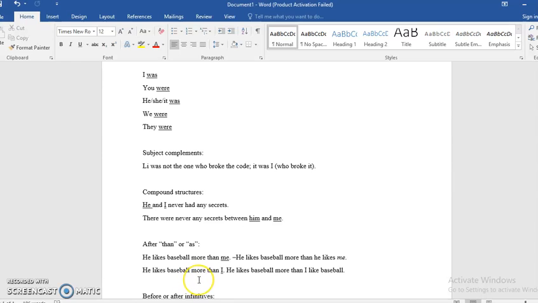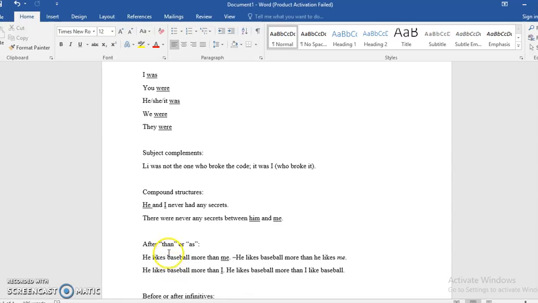And again, that sentence sounds kind of weird. He likes baseball more than I. But sometimes what helps to make it sound a little less strange is to just complete the rest of the sentence. Maybe you'd say something like, he likes baseball more than I do, right? That sounds a little bit better.